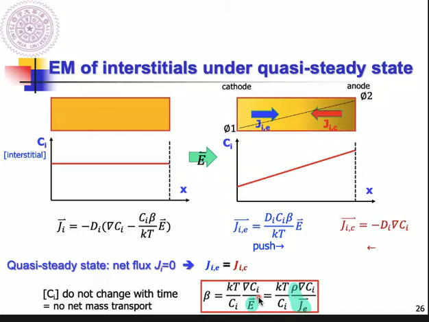So some people will ask, what's a quasi-steady state? Quasi-steady state means it's near steady state. That means during a reasonable measurement time, probably 1 day or 2 days, you do not observe any concentration change along the profile. It does not change over time.